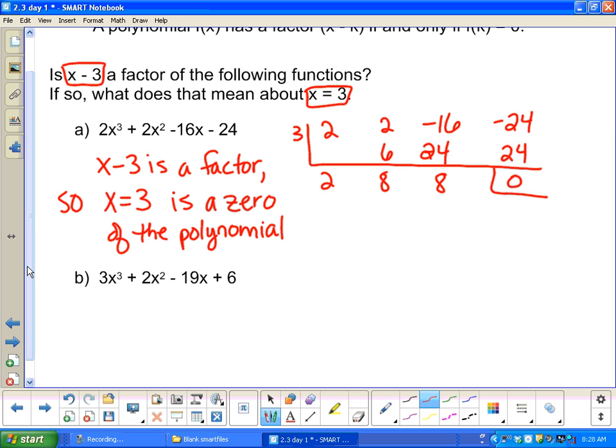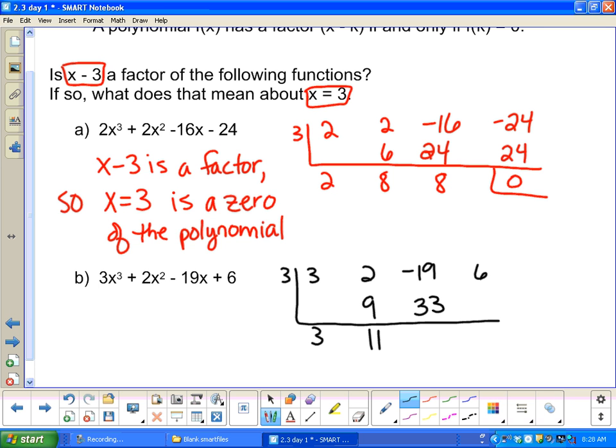And so let's test x minus 3 on this one. So again, I'm going to synthetically divide by 3. My coefficients are 3, 2, negative 19, and 6. Bring down the 3. 3 times 3, multiply, add, multiply, add, multiply, add.